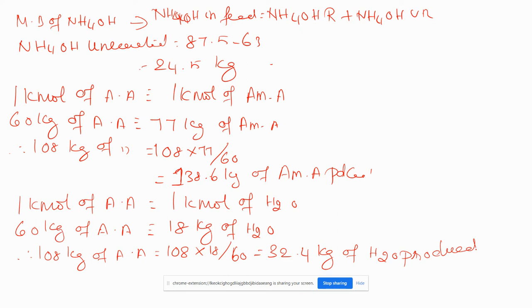Now we have found all the unreacted and the produced quantities. So we have to find now the component, weight and weight percentage.